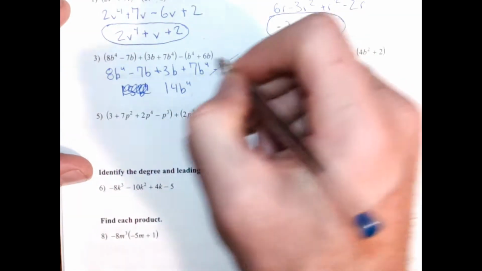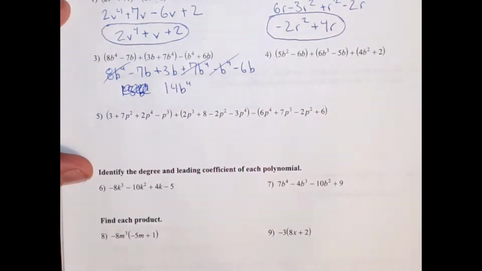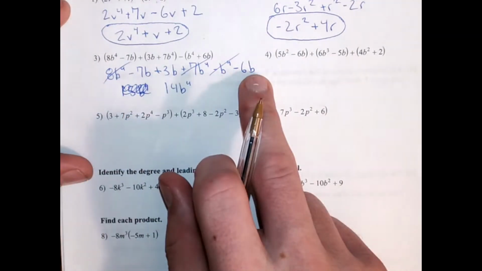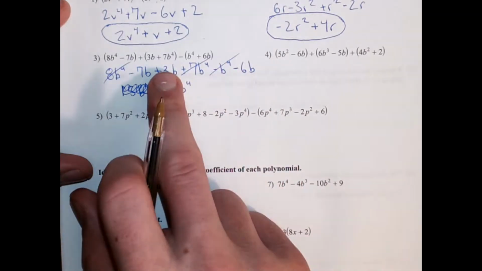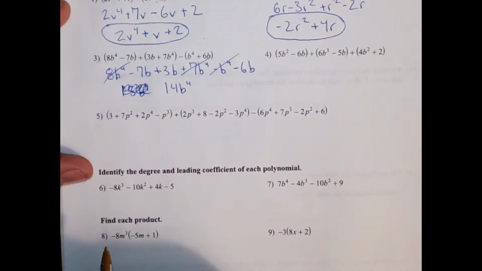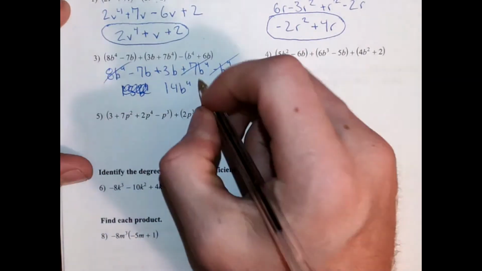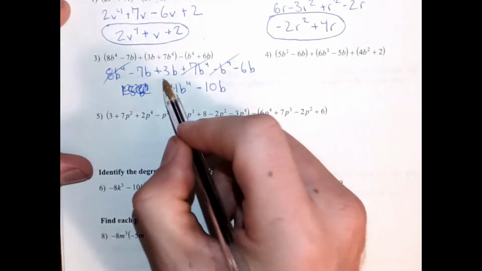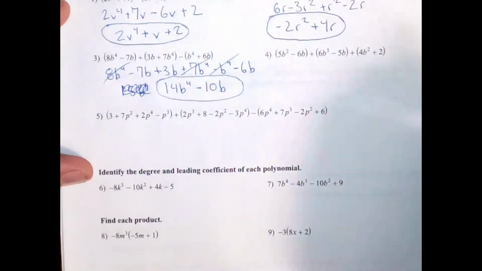Maybe I'll cross through my terms there so I know what I've used. Negative 7, negative 6, and positive 3b. That's negative 10b. Combining like terms.